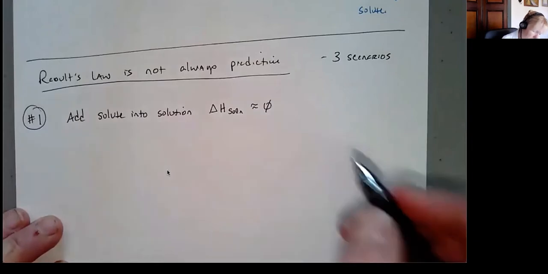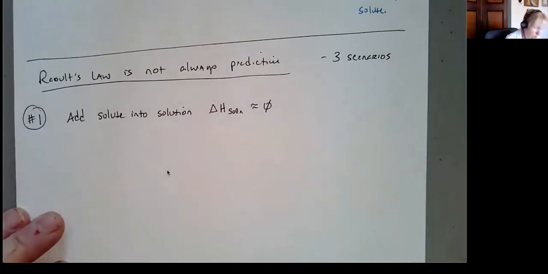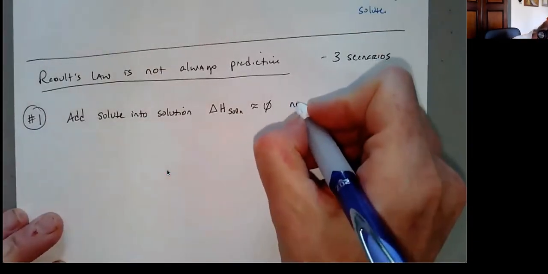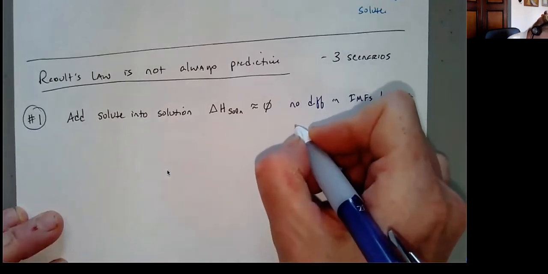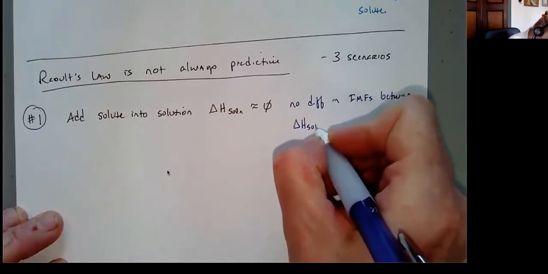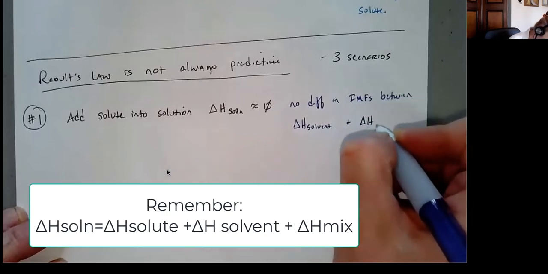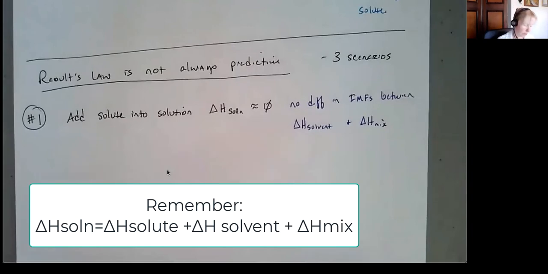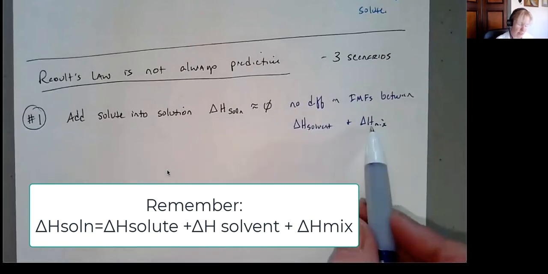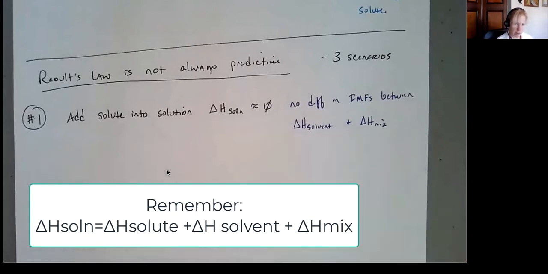Delta H of 0 means that there's no change, no difference in IMFs between the delta H of solvent and delta H of mixture. So there's no significant difference in intermolecular forces there. That means that the intermolecular forces between the solvent molecules and the solute-solvent intermolecular forces are pretty much the same.